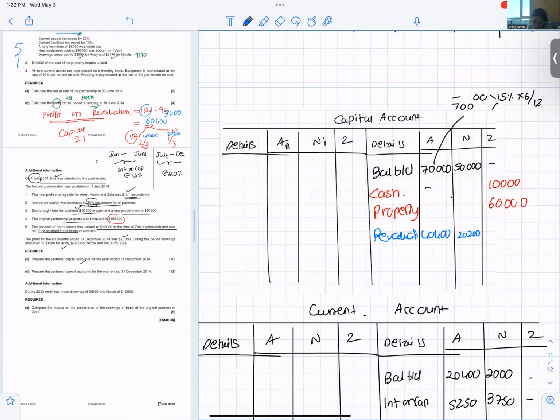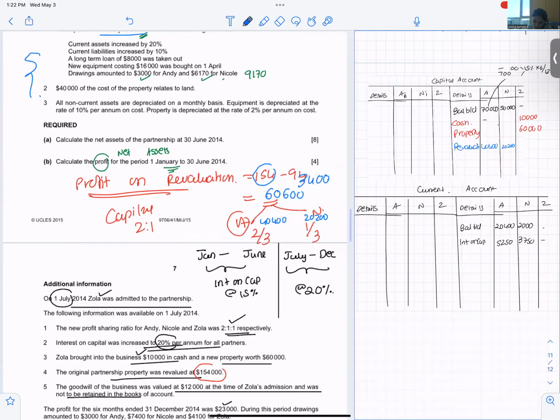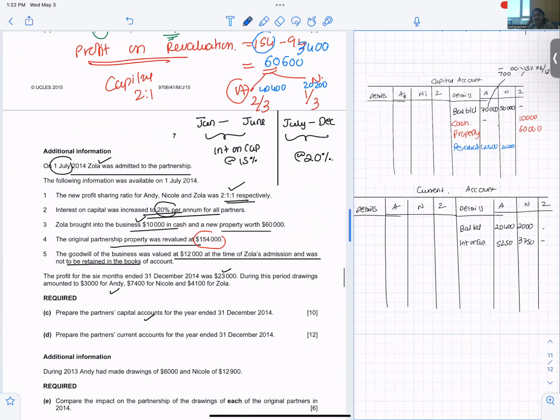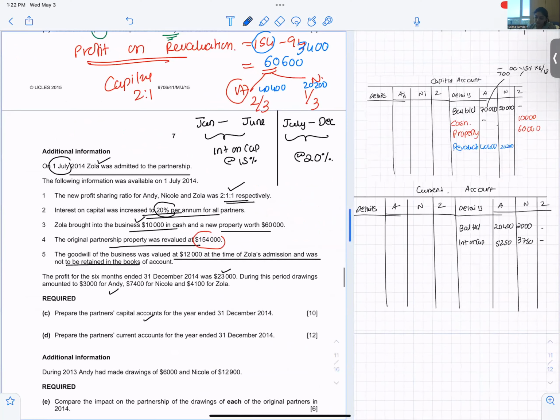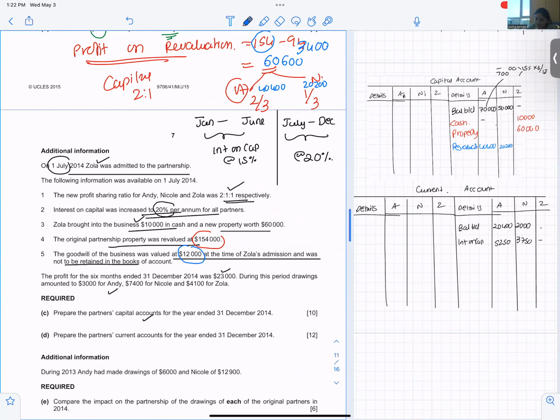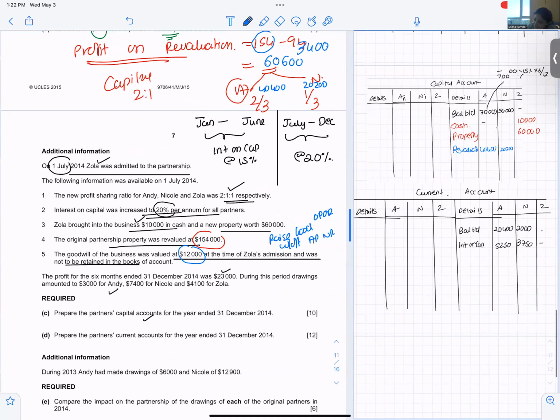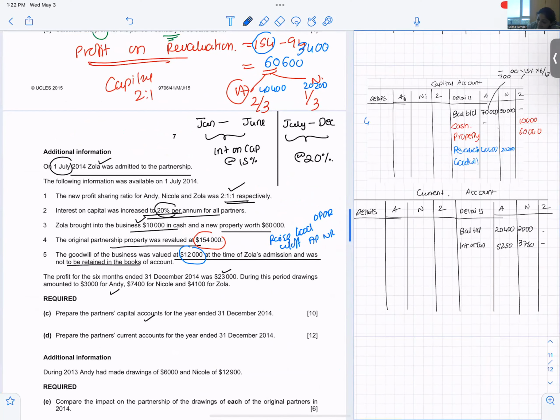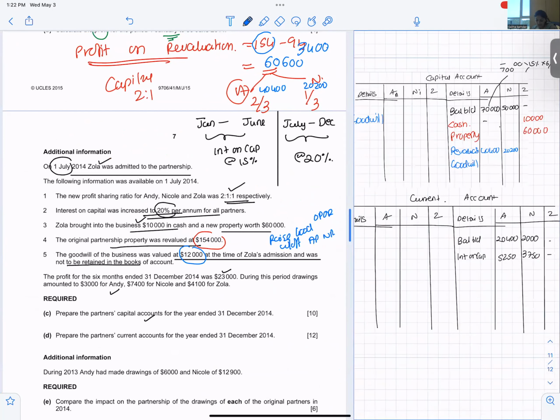Now goodwill of the firm is valued at 12,000. You know that whenever you have partnership, you raise the goodwill amongst the old partners in old ratio and you write off goodwill amongst all the partners in the new ratio. So I will raise the goodwill in the capital account and I will write off the goodwill in the capital account. You should know that capital account changes only because of revaluation, goodwill adjustment, and additional capital.